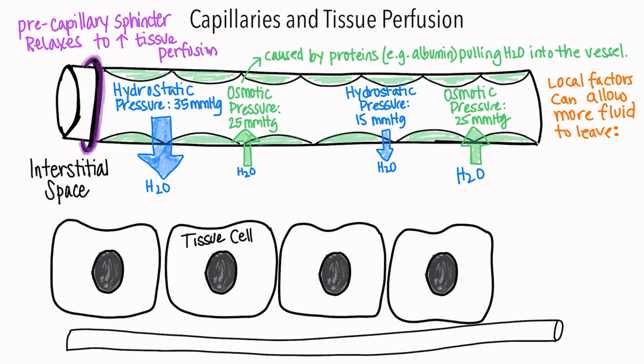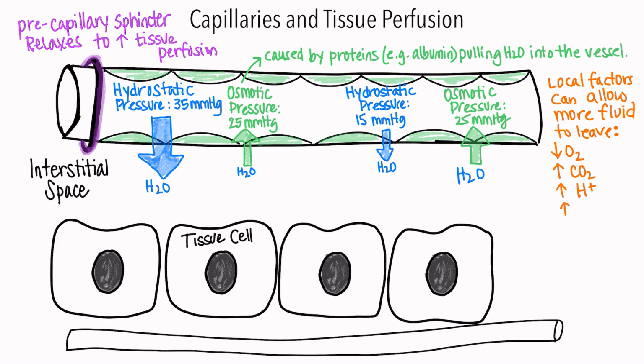If you have a decrease in oxygen in the tissue, it will dilate the precapillary sphincter for sure. Or conversely, if you have an elevation of carbon dioxide, which also increases the amount of acid in the blood, you're going to have more hydrogen ions. All of these things are basically the capillary screaming for more blood and fluid to be coming in.